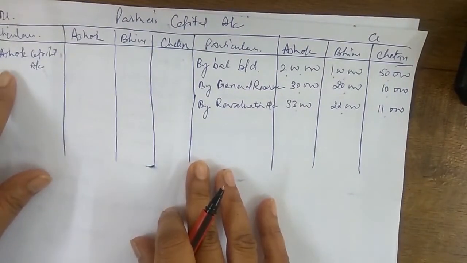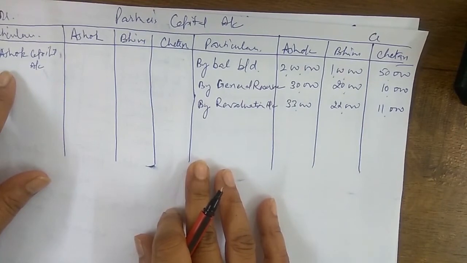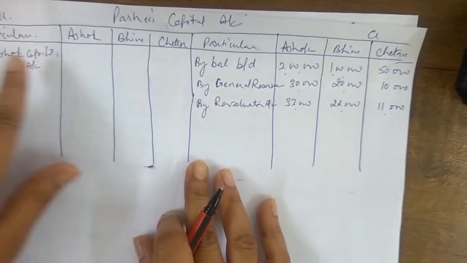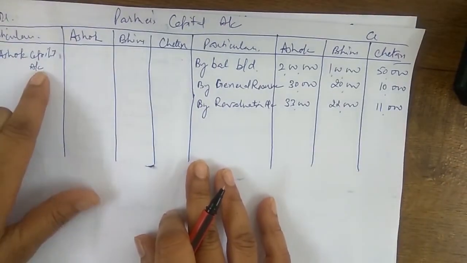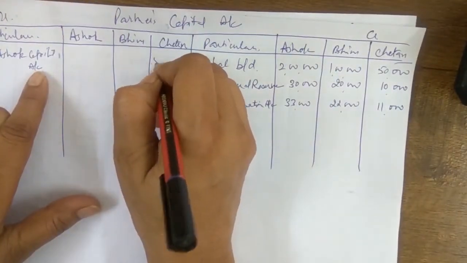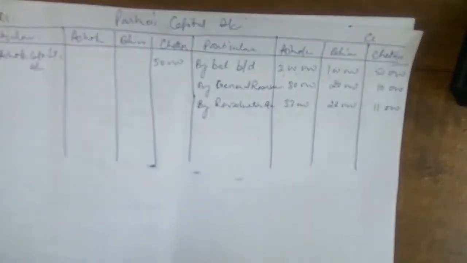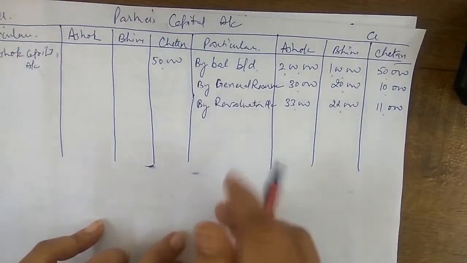Clear है बच्चे? Chetan's capital account debited to Ashok capital account. Amount was 50,000. Shown the amount in Chetan.